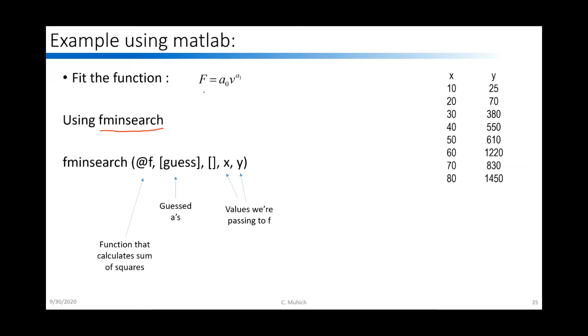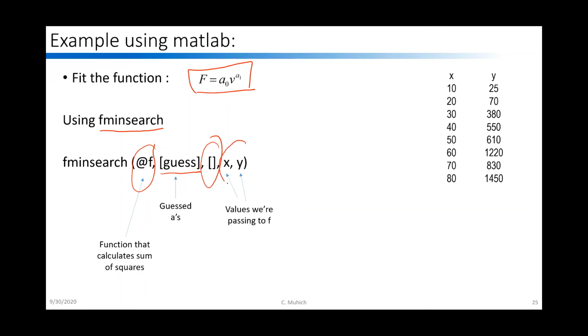So we're going to define a function, maybe say f equals a naught v to the a, and then we're going to put that into fminsearch. So this is going to come in here. We're going to put in our function. We're going to have our starting guesses. We're going to leave this space here, so that's any extra parameters that we want, but we're not going to put in any guesses.